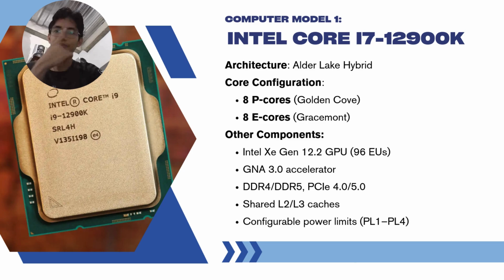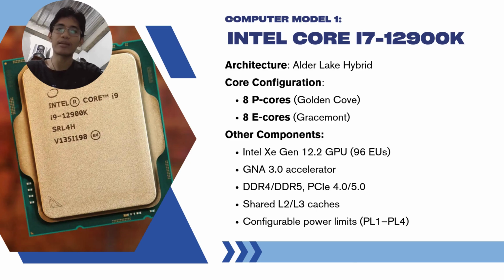So for our first computer model, we have here the Intel Core i7-12900K, based on the Alder Lake architecture. What makes Alder Lake unique is that it uses a hybrid multi-core design where it combines 8 performance cores, or P cores, and 8 efficiency cores, or E cores.